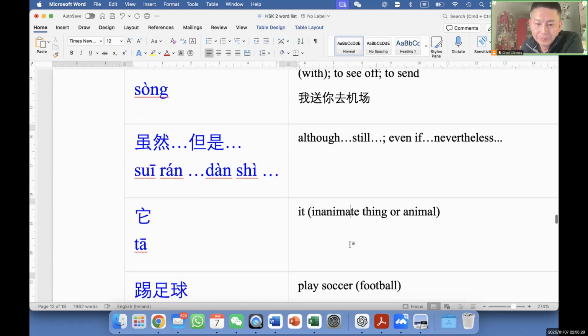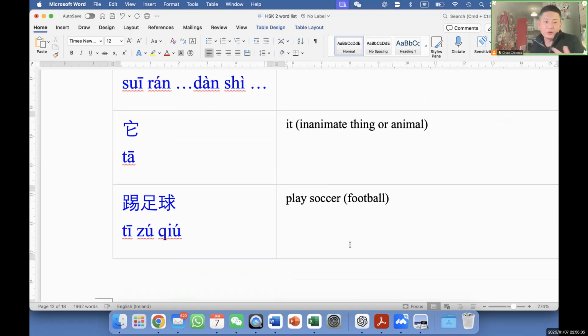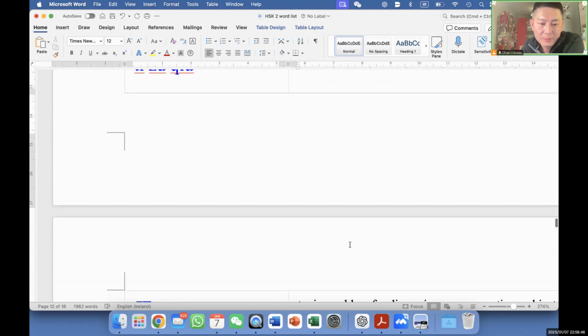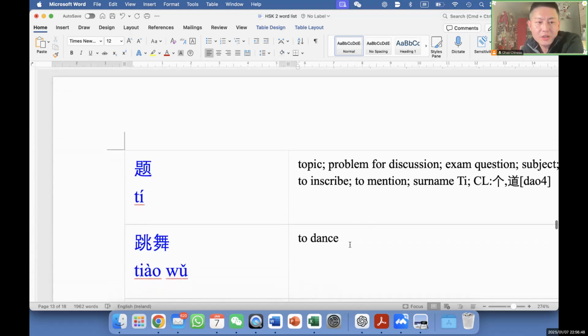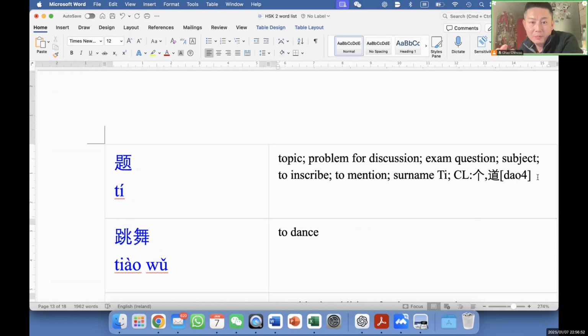Now 他. There are three tas, ta. And if you know what I'm talking about, you know what I'm talking about. Now, 踢足球 is to kick your football. You can say, let's say 玩篮球. You can say 玩足球 as well. 我们玩足球吧. Play. 题 is a question or a problem in your math.